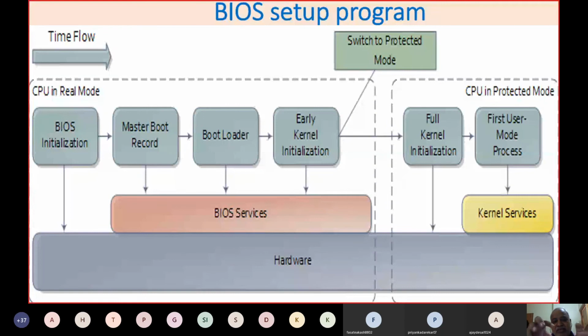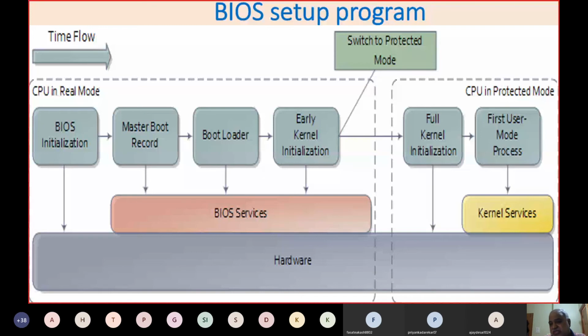Then once all these basic devices are initialized, you have to start the application program, and application programs will normally be executed above the 1 MB. So obviously the processor needs to switch over from real mode to protected mode. Then the CPU switches into protected mode, then the full kernel will be initialized, and then the first user mode process will start, something like, as I said, command.com in case of MS-DOS, or explorer.exe in case of Windows.